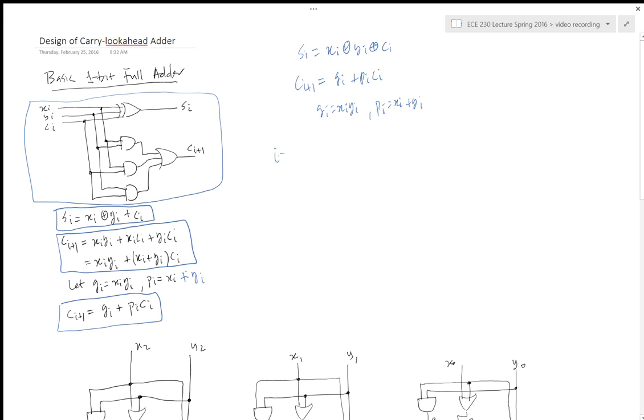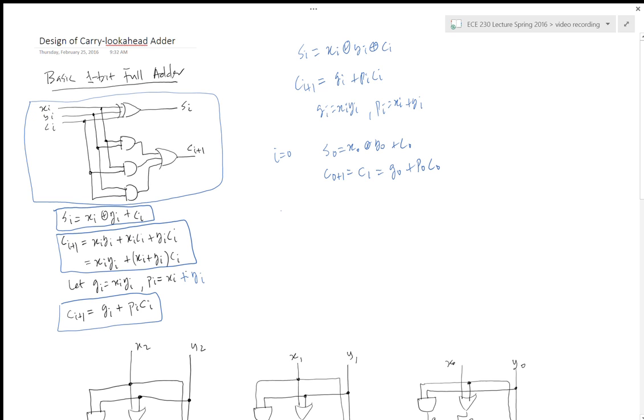Okay, so for i equal to 0, no changes. S0 is X0 exclusive-OR Y0 exclusive-OR C0. And Ci plus 1, when i is equal to 0, so 0 plus 1, C1 equals G0 plus P0 C0.